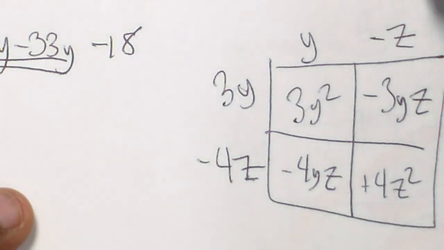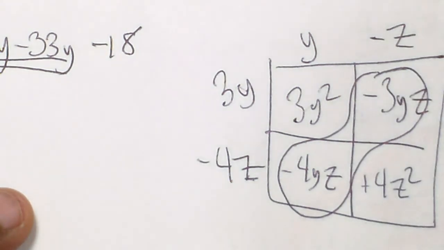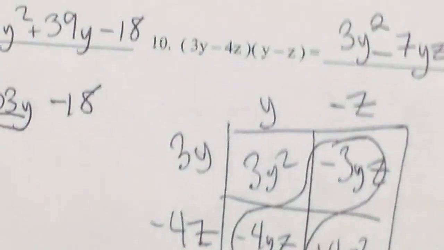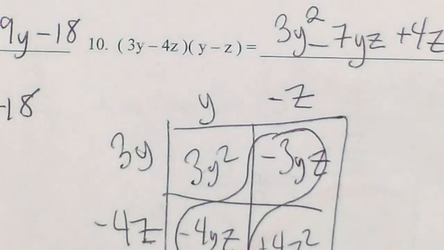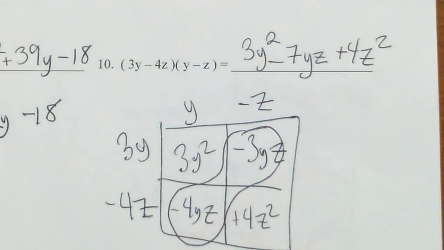Final answer is 3y squared. Combine these like terms, and we get negative 7yz plus 4z squared. Uh-oh, you didn't see that? Let me zoom out. And that is your final answer.